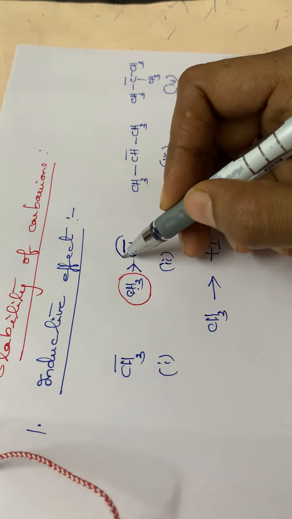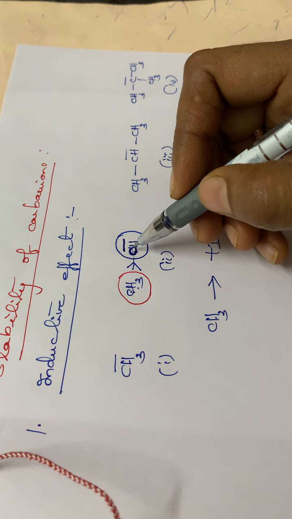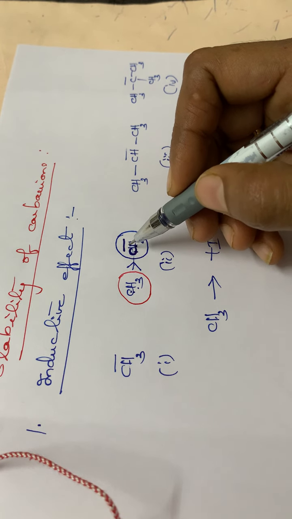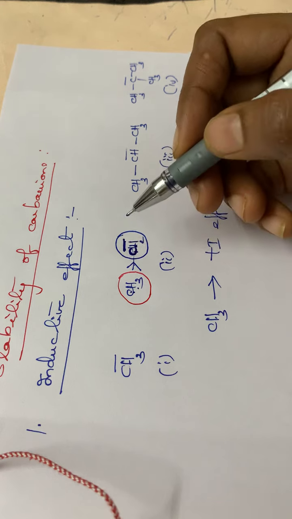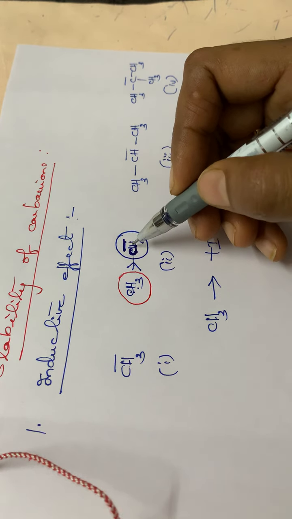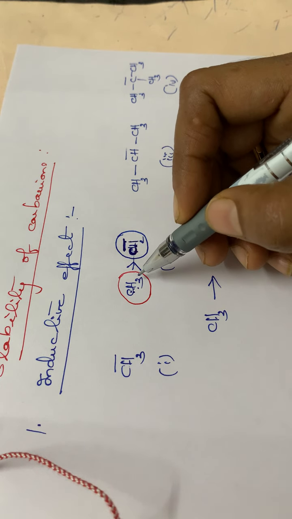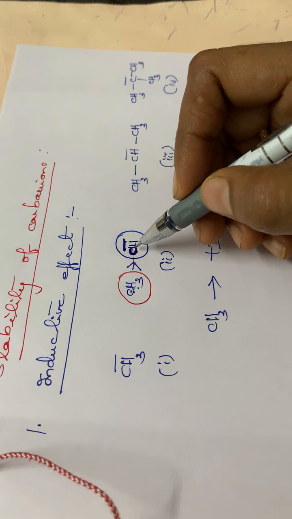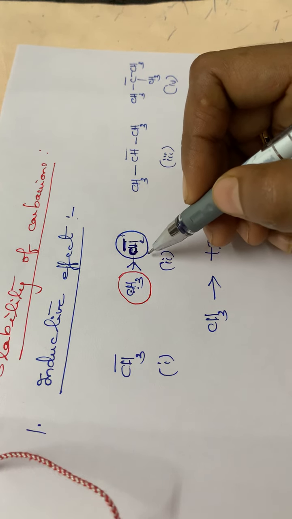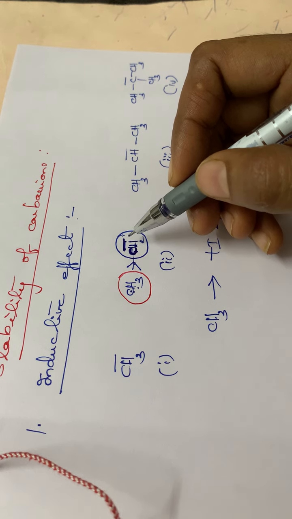So what happens to the electron density around this carbon atom? The electron density is further increased. Already it has a negative charge, which means it is unstable. Then the CH3 group releases electrons, the electron density increases, and that means the stability decreases.